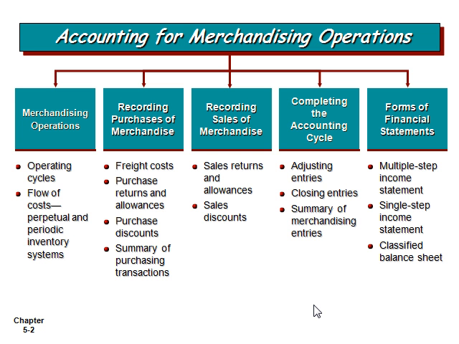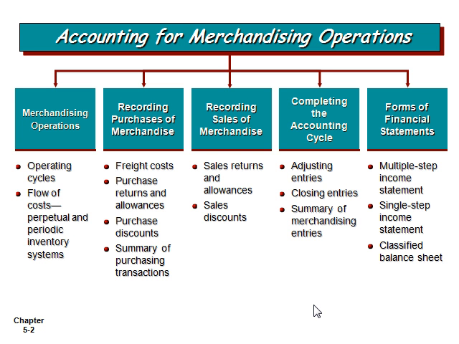We're going to look at how we record purchases of merchandise for resale, how we handle freight cost, what we do when we purchase something and want to return it, what happens when there's a purchase discount involved, and then we'll do a summary of purchasing transactions. Then we'll look at the sales side, the revenue side, how we handle things when customers bring goods back to us, and what kind of sales discounts we might be involved in granting.